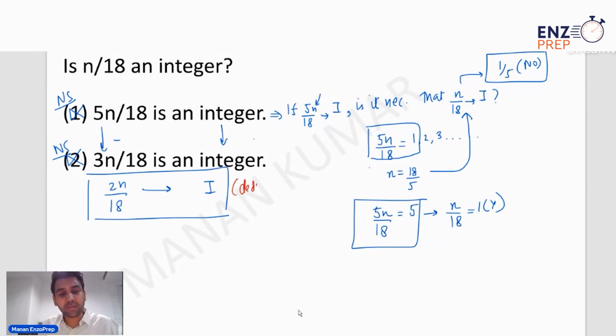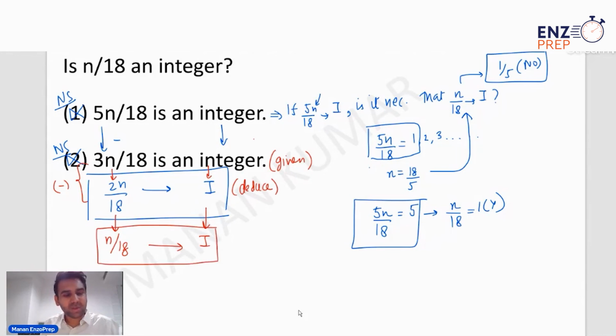This is what we have deduced after subtracting the two statements, whereas 3n by 18 is already given to us in the question. So if I were to subtract 2n by 18 from 3n by 18, you understand I'm going to get n by 18. And on the right hand side, I'm going to subtract one integer from another integer and get an integer.